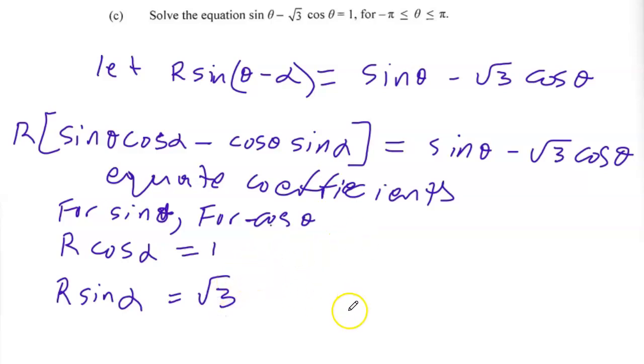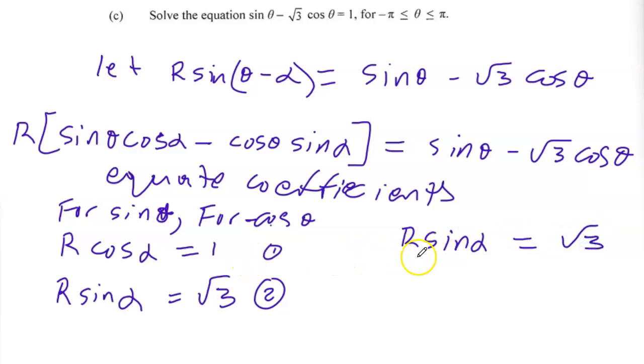Note, we call this equation 1 and this equation 2. If we divide equation 2 by equation 1, r sin alpha equals root 3, and r cos alpha equals 1.